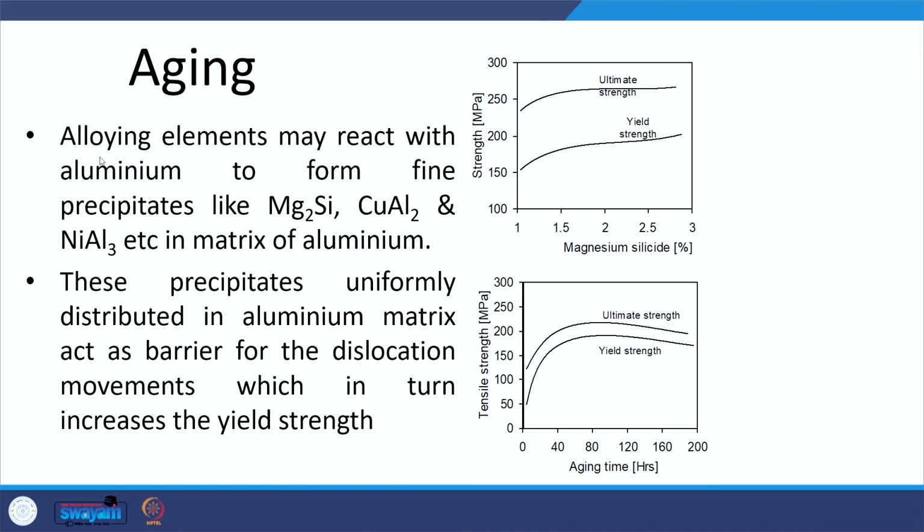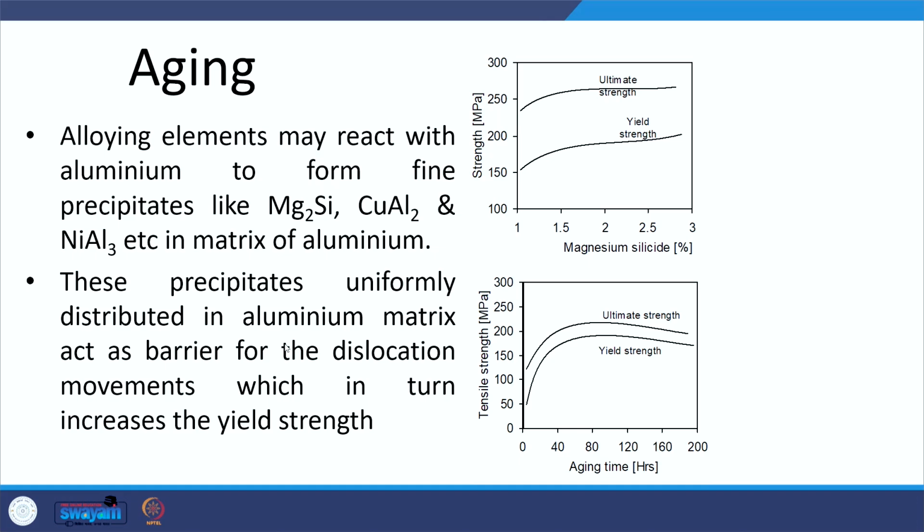During aging, the supersaturated solid solution tends to form fine precipitates. Depending upon the composition, in aluminum-magnesium-silicon alloys it will be Mg2Si that is formed. In aluminum-copper alloys, it is CuAl2. And if nickel is there, then it will form NiAl3 kind of precipitates.